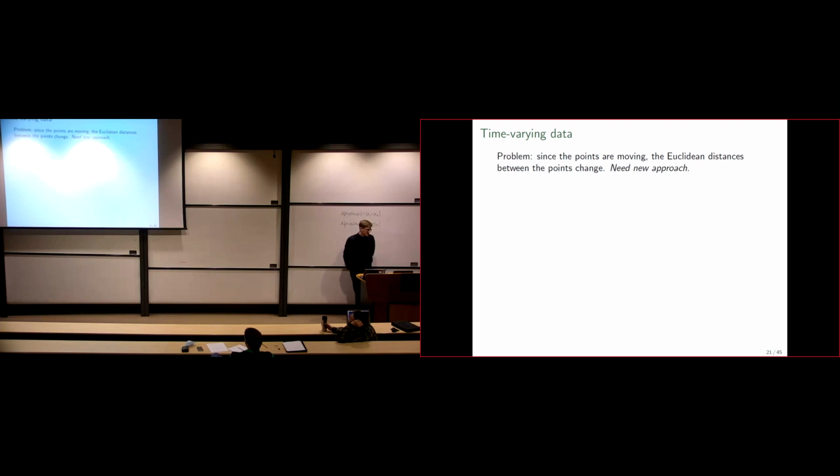Right, and the second example I will give is for time-varying data. So here the points are moving, which is an issue, but it's a solvable issue. This can be solved, for instance, by the construction of Kimura-Mimoli, which is based on intervals.